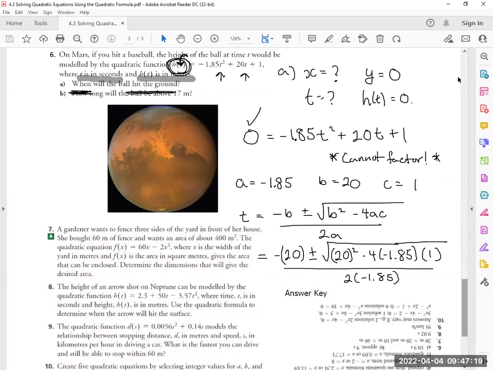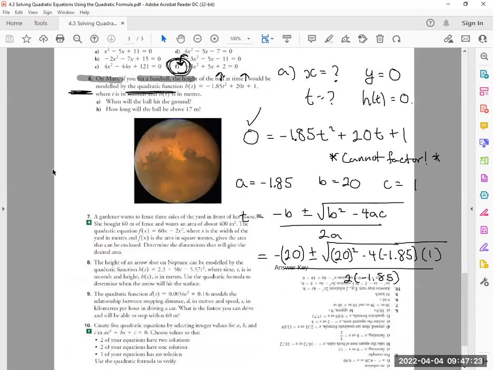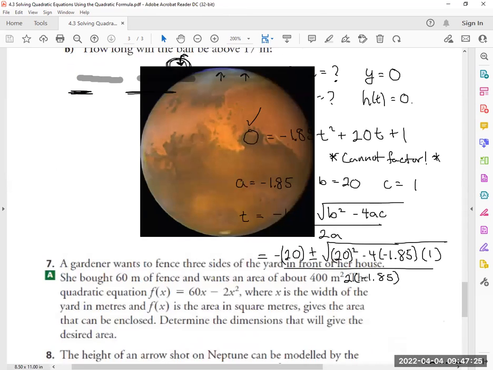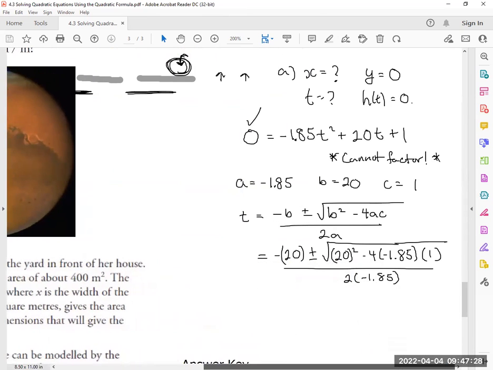I'm going to see if I can get some more white space for myself. All right, there we go. There's maybe space for this.